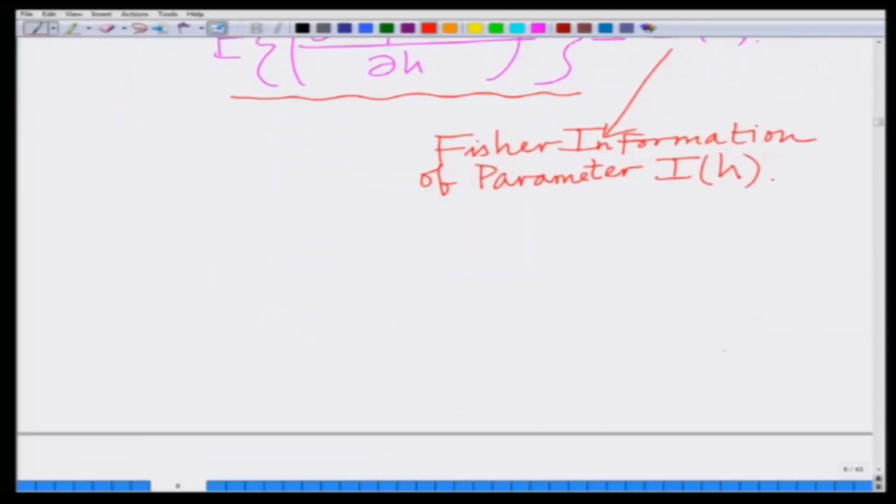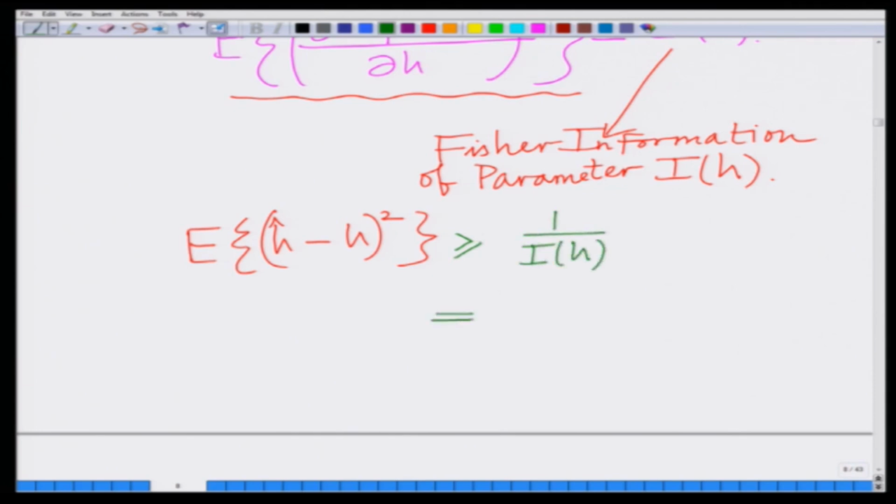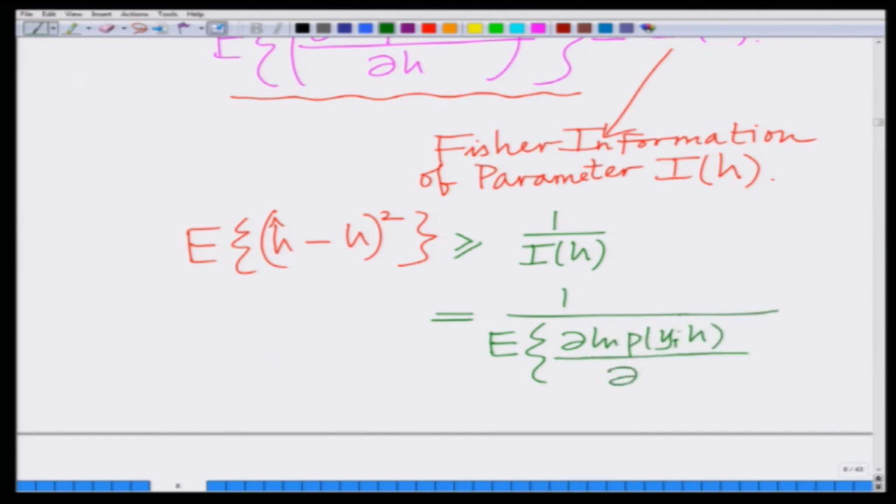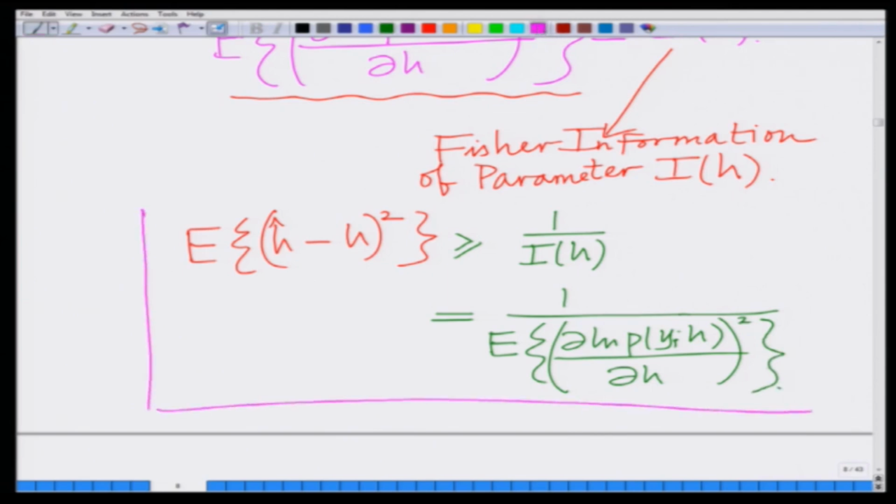So, we can also write this as the expected value of (h hat minus h) whole square is greater than or equal to the inverse of the Fisher information, that is 1 over E, the average value of the square of the derivative of the log likelihood function, and this is basically your Fisher information.